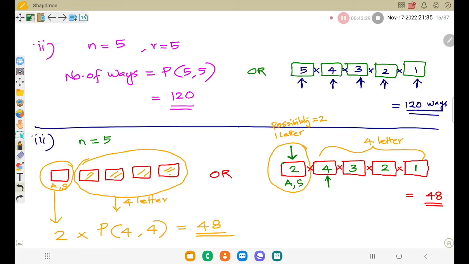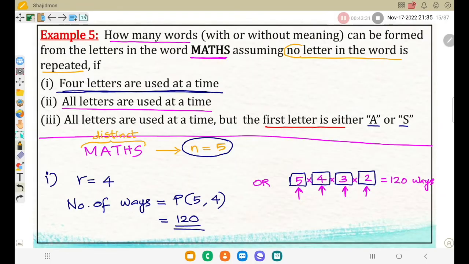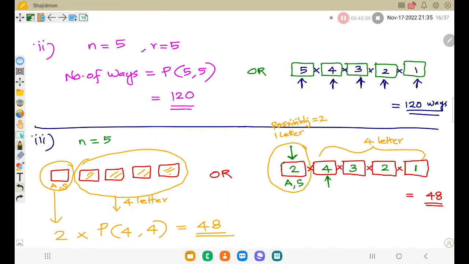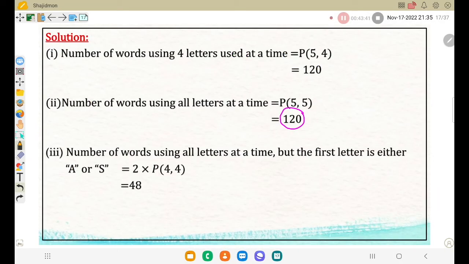Hope you understood this question. So this is the third part of the question: all the letters are used at a time, but the first letter is either A letter or S letter, 2 possibilities. The answer is written here directly, 2 multiply P44, that is 48 ways.